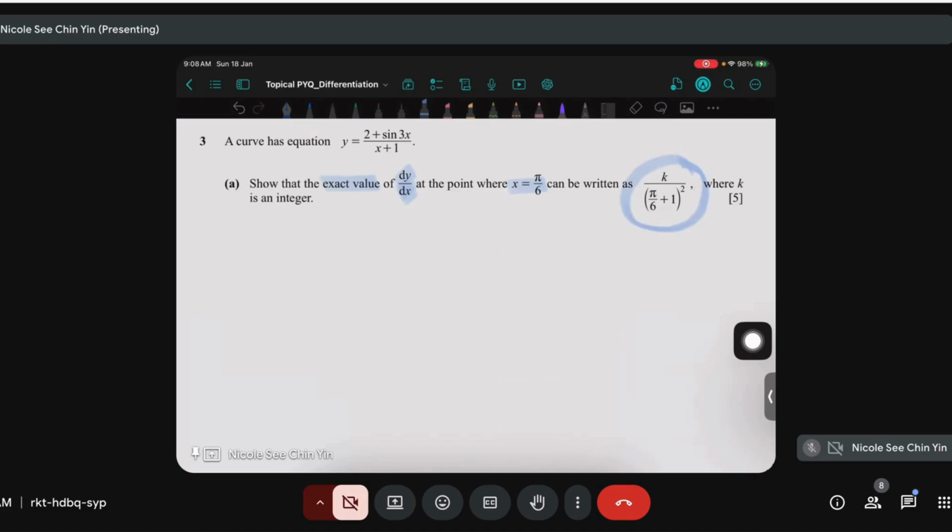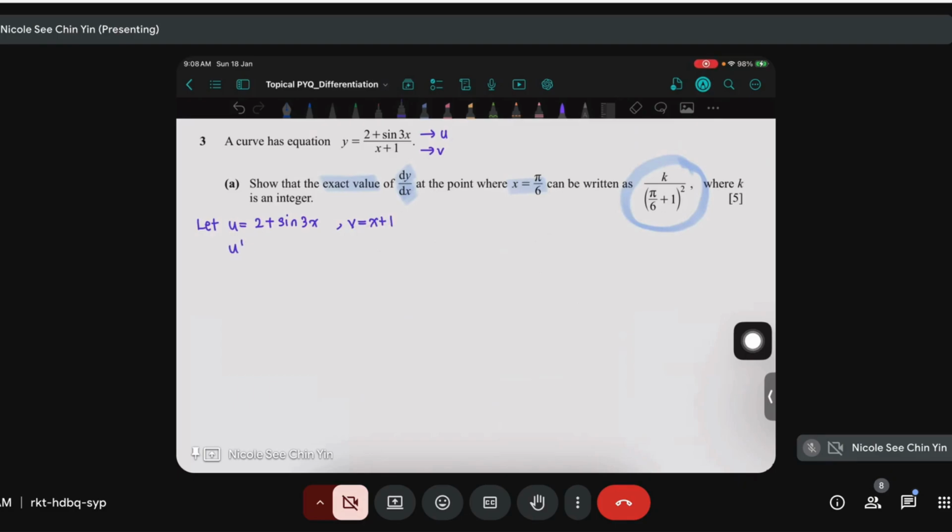Same thing, when we come to this question, we are going to use the quotient rule. So letting your numerator become u, denominator become v. So we let u equals 2 plus sine 3x, v equals x plus 1.